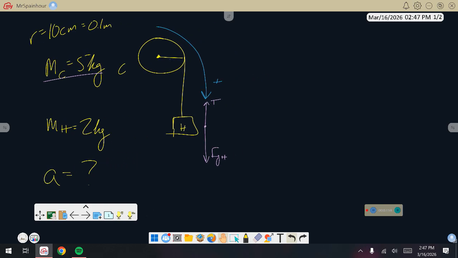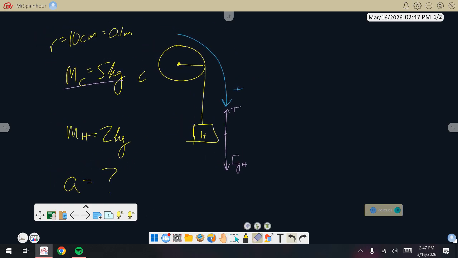Now, we already mentioned this about the top. Since the top part of it is not going anywhere, we already said we know that its sum of forces is 0, but it is going to angularly accelerate. That kind of gives me a clue into what type of force diagram I should be doing up here. Extended.